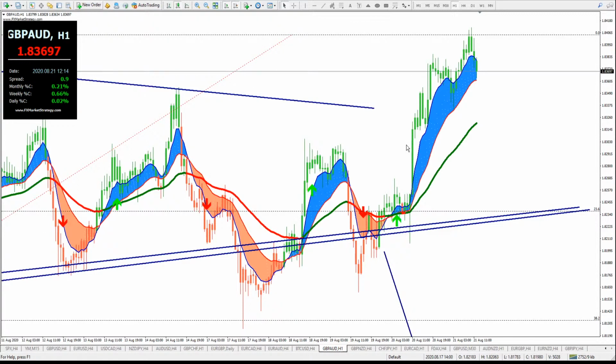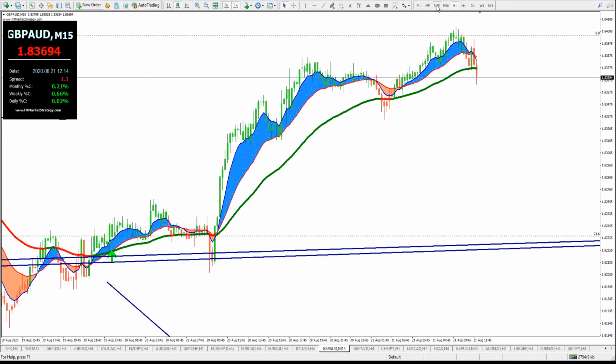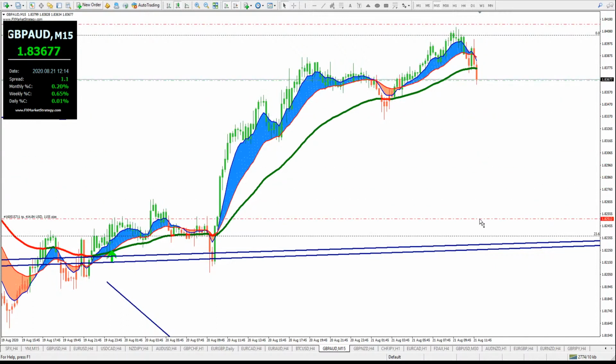Pound Australian also, guys, if you want to take a sell, on this one we can put the stop loss right here. It's not too far away. The stop loss can be really close on this one. Then I'll just put my stop loss here and take profit right there. 120 pips exactly.